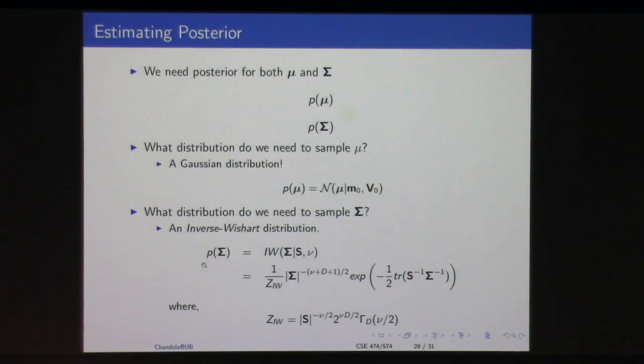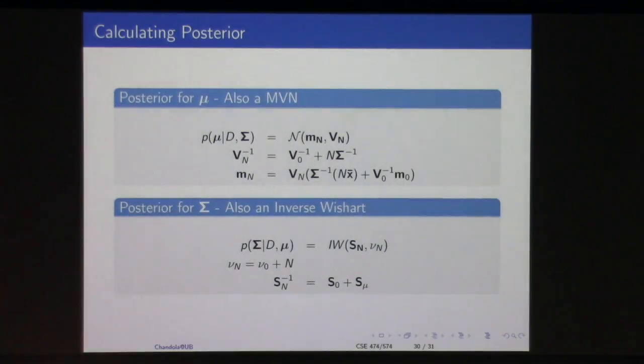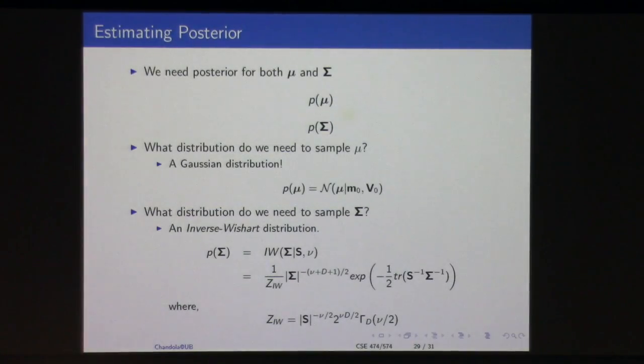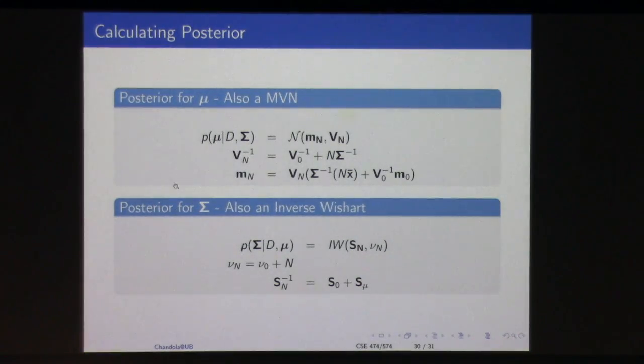I'm just showing this to you. You don't have to go into details, but when you get time, you can look at it. This also won't be covered in the midterm. Then you can multiply the likelihood with the prior and get expressions for the posterior. Yes, go ahead.